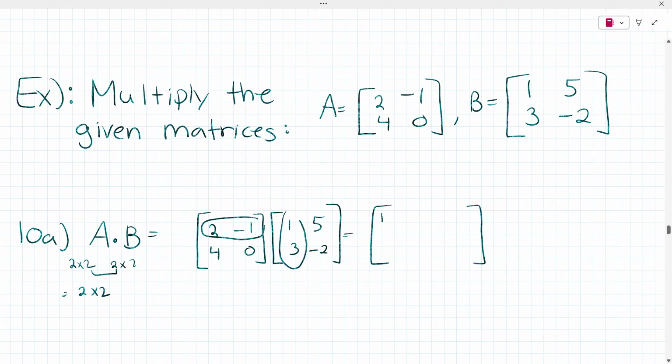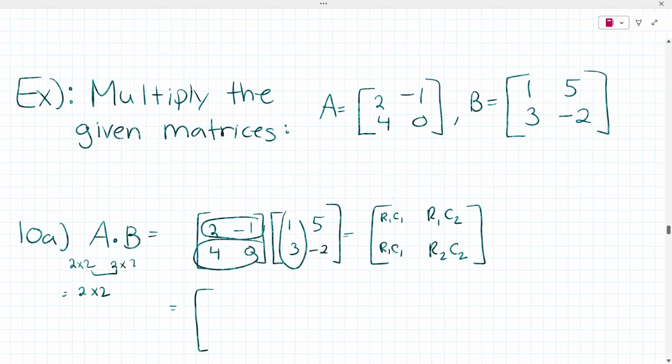So it's row 1 times column 1. And then this number here will be row 1, column 2. And then this number here will be row 2, column 1. And then this one is row 2, column 2. So when you put it all together, this is what you'll get.